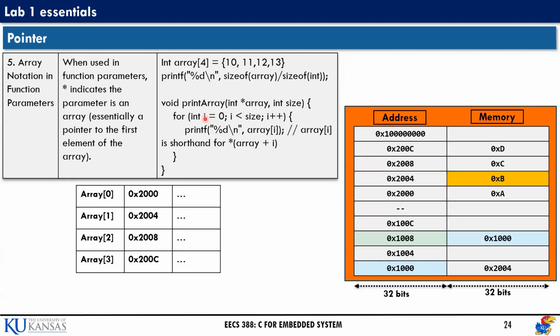So let's go through in detail how we can observe an array as a pointer. That's our goal here. As you see here, we declared an array of 4 elements that contains the values 10, 11, 12, and 13. If you want to print this array, we can use the first location of that array.